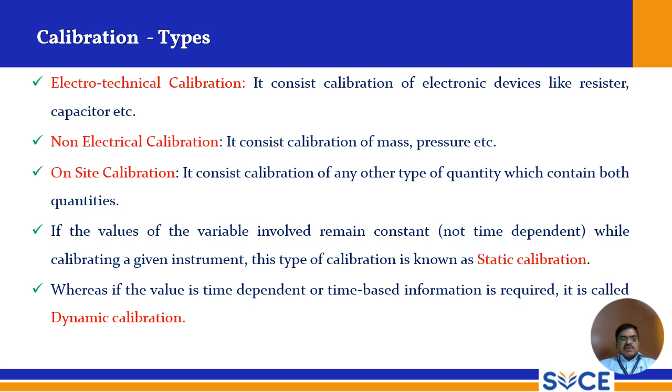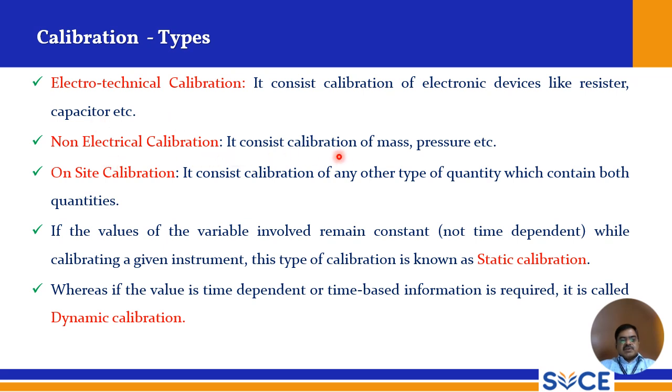So calibration types, we have different types: electrotechnical calibration, non-electrical calibration, on-site calibration, static calibration, and dynamic calibration. So these are the types. Electrotechnical consists of calibration of electronic devices like resistor and capacitor.